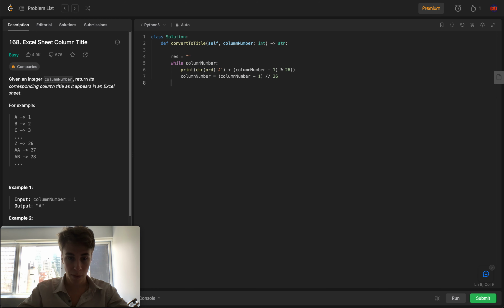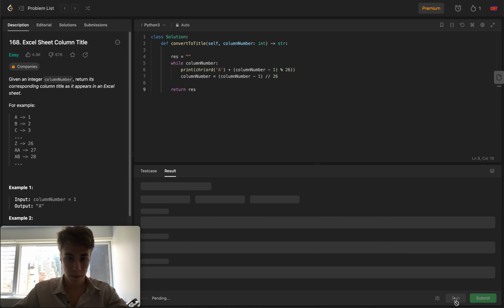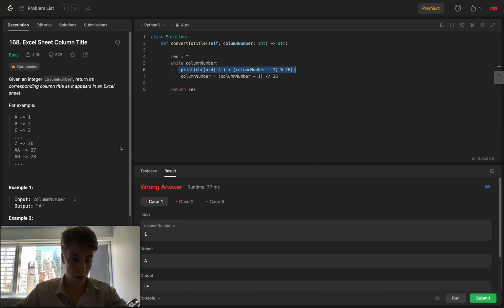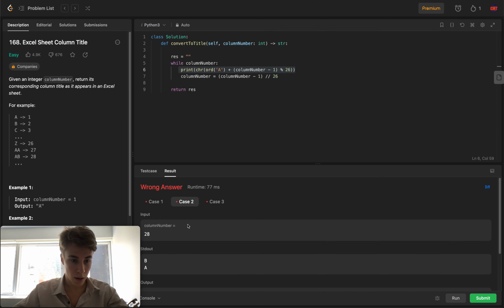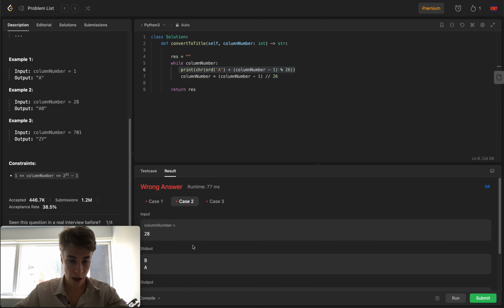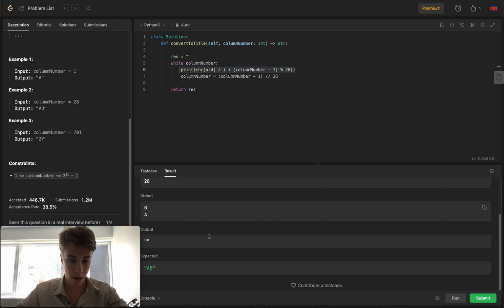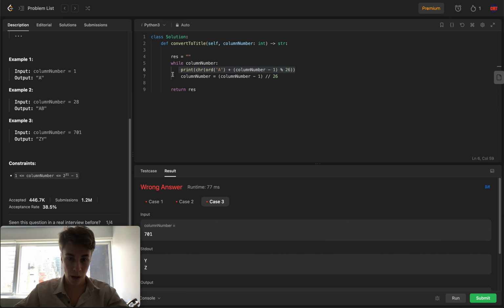Maybe I'm not the best at explaining this, but let's see. This works. We're at least supposed to print AB here, or BA, and ZY, YZ. And now that we have that, res equals plus res.